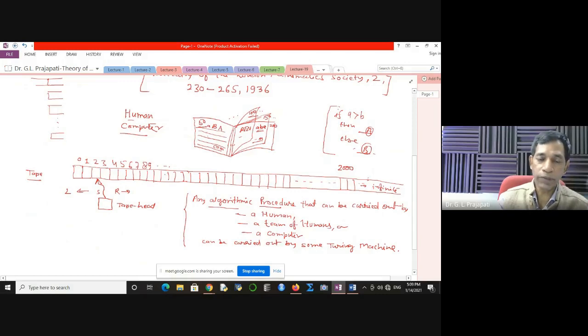Means the Turing machine is much powerful, and this is one general model of computation, one of the powerful models of computation.